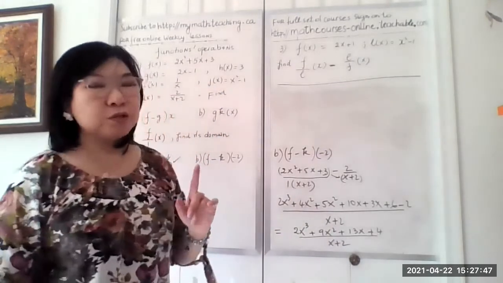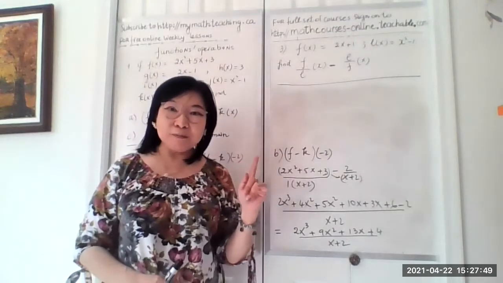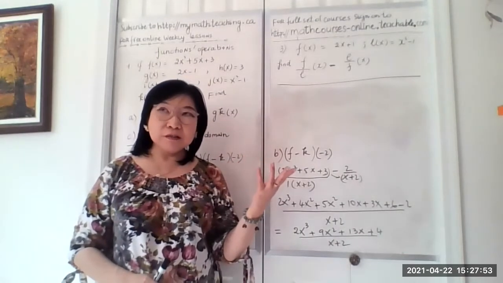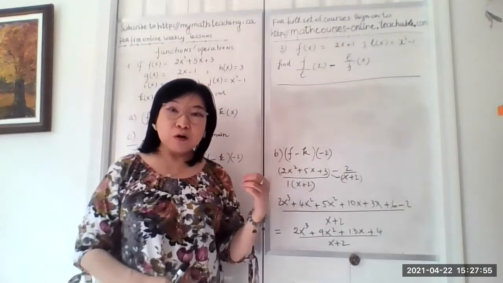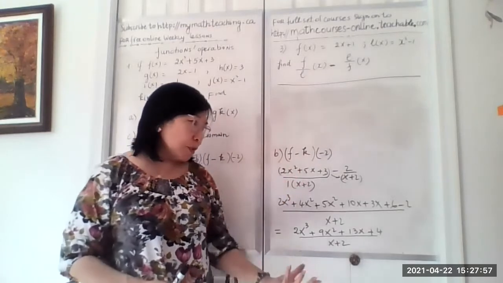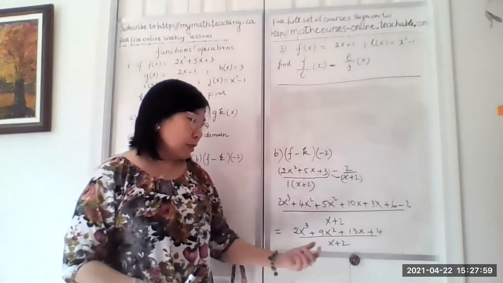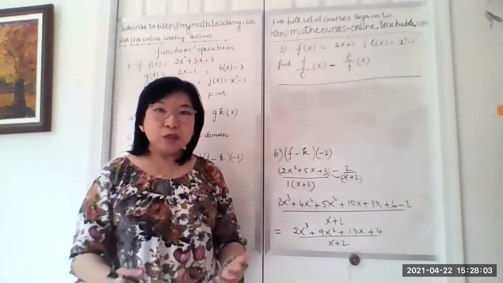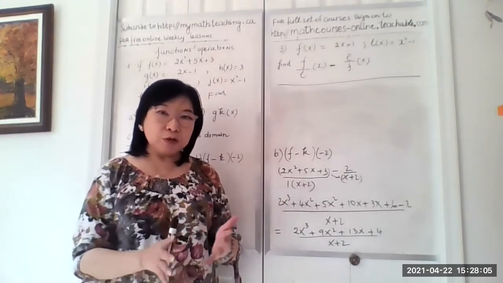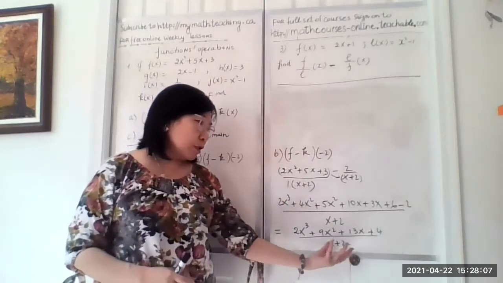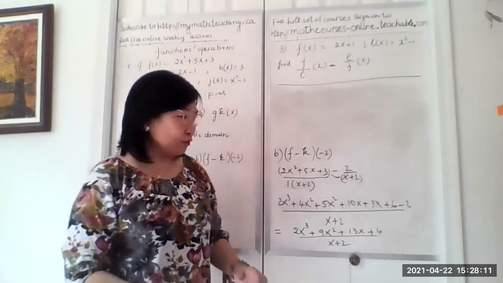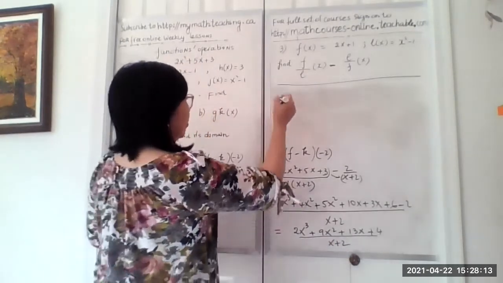So let me use, remember the first time we learned polynomial functions, we used the factor theorem or remainder theorem. So let me use the remainder theorem in here and find out if the remainder is 0. If we get remainder 0, then we don't have a problem. It means this term will cancel out, right? So let's try the remainder theorem.